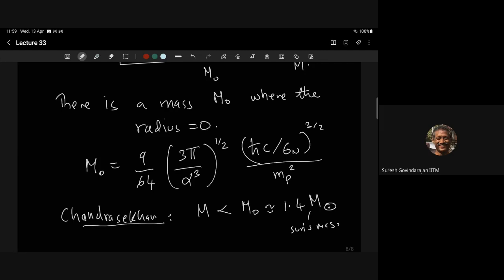And does anybody know how old Chandrasekhar was when he derived this limit? No, he wasn't even a graduate student. He was 19 years old. He was on a ship to England, I guess.